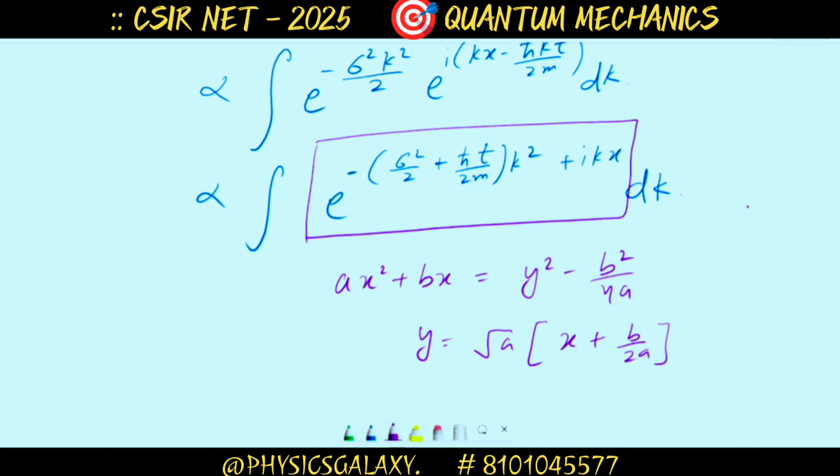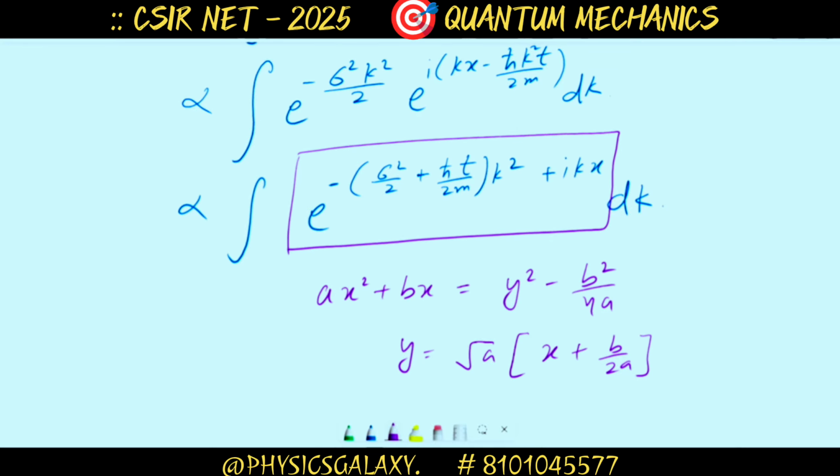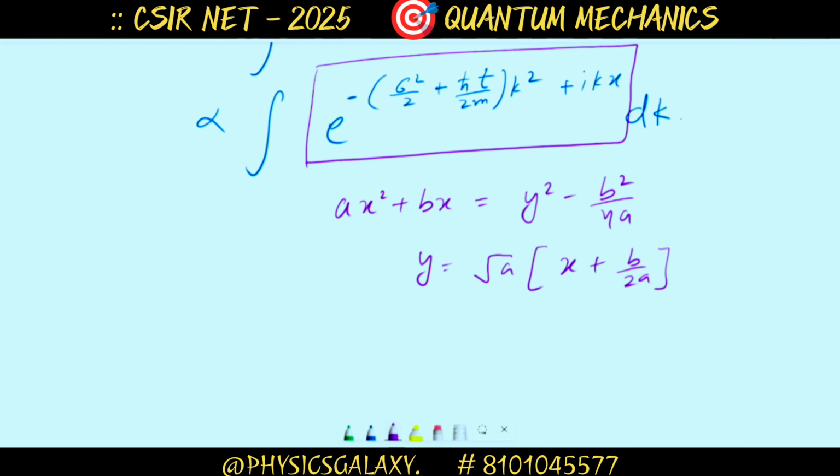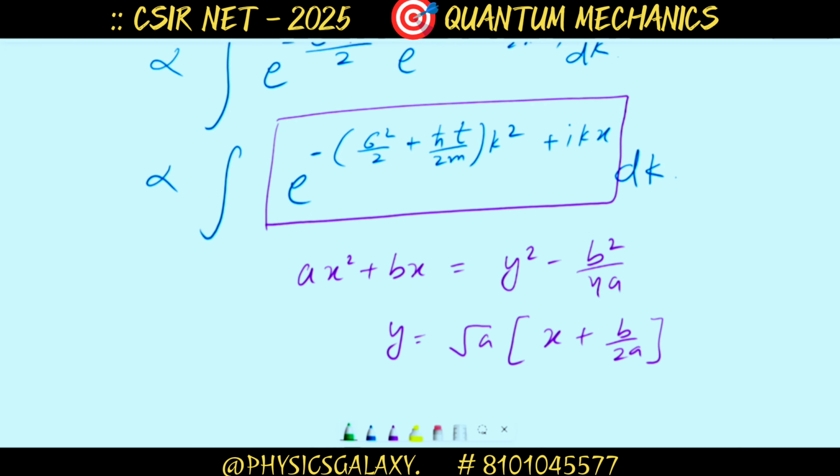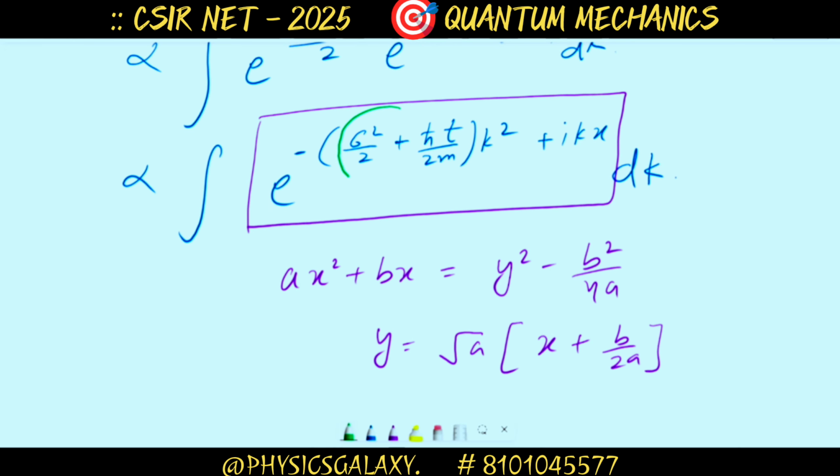This we already know from 10th class, complete the square. So let's suppose this is our a, and this is our b.